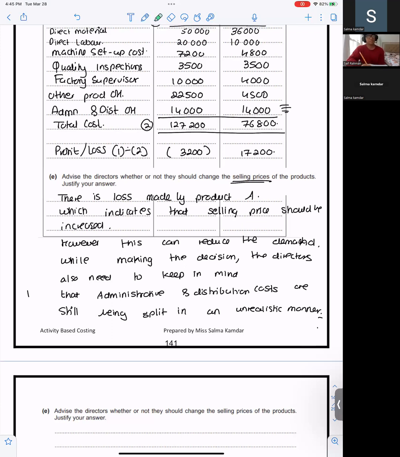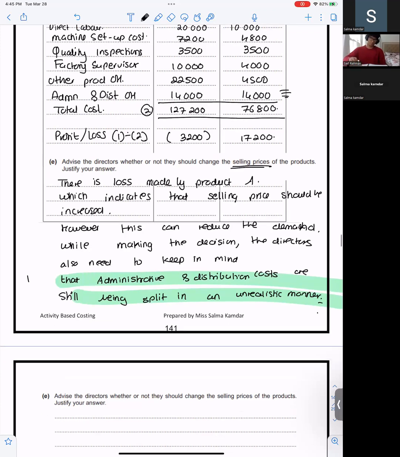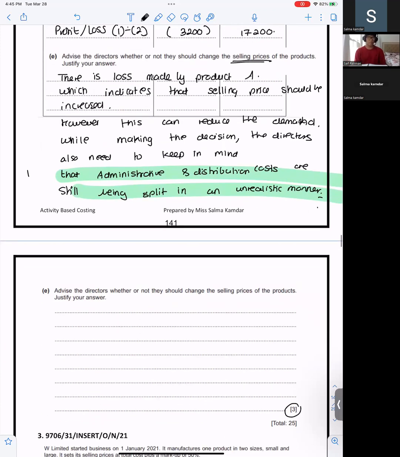So any fixed cost, when I am doing ABC costing, is always split in an unrealistic manner. And then you stop your answer, you will get 3 marks because you've given 3 points. Okay. Understood?